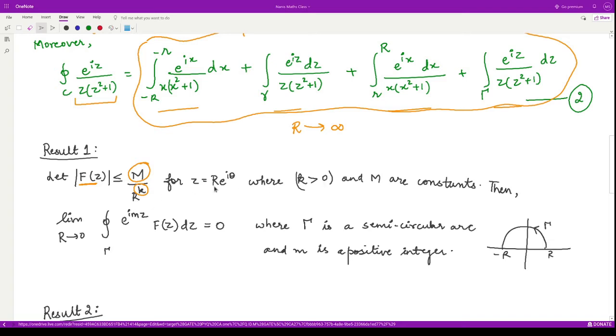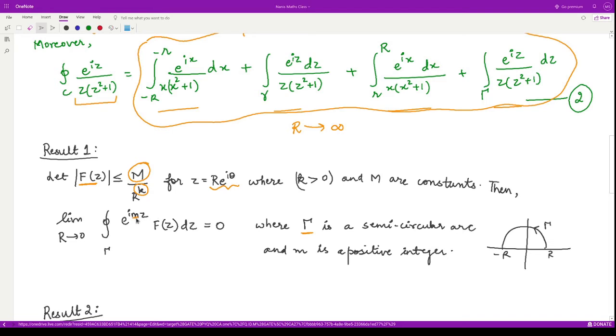This is the modulus of the complex number z. Then in that case, as r goes to infinity, the integration over gamma of e^(iota m z) f of z dz is 0. Here gamma is the semicircular arc and m is any positive number.